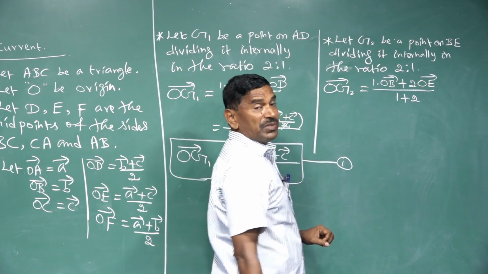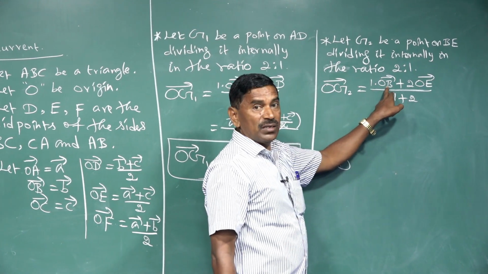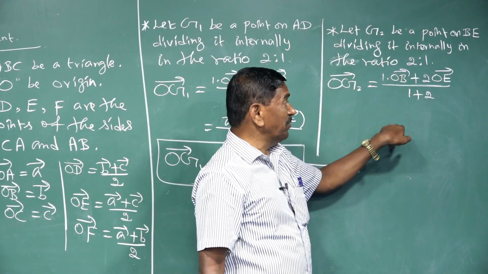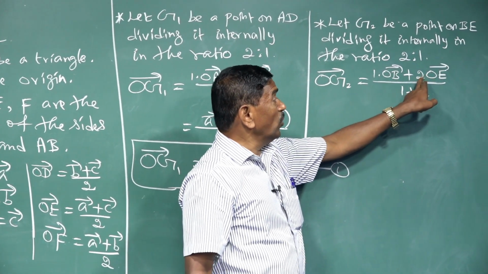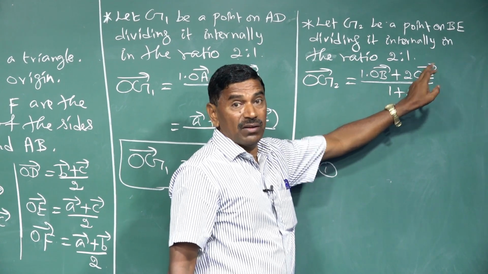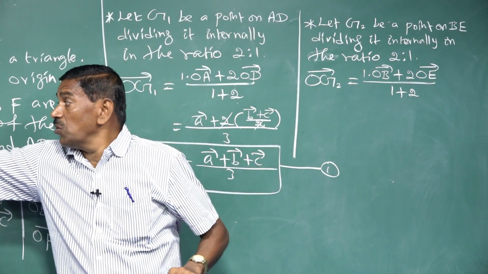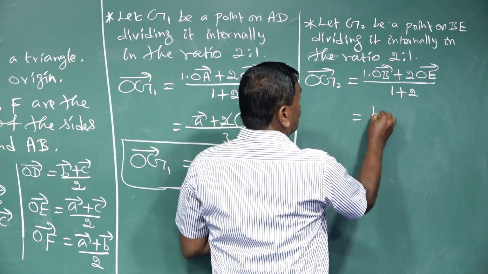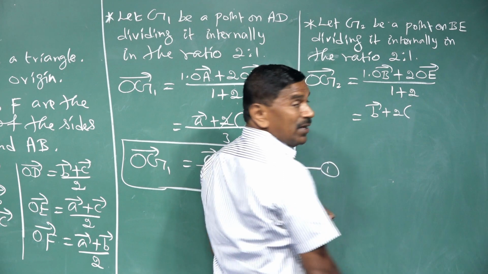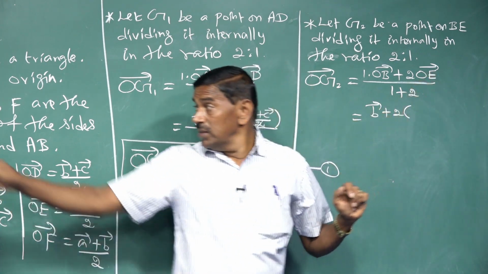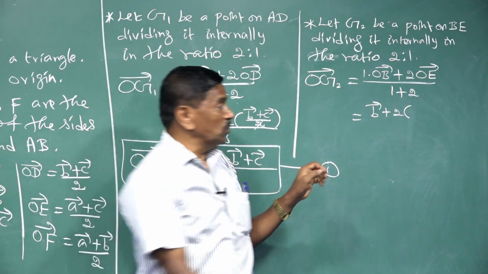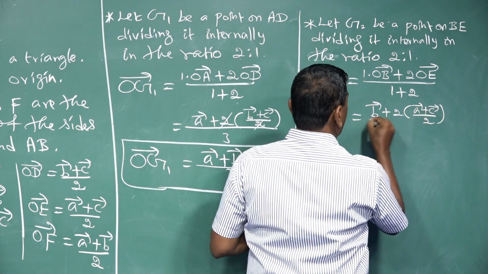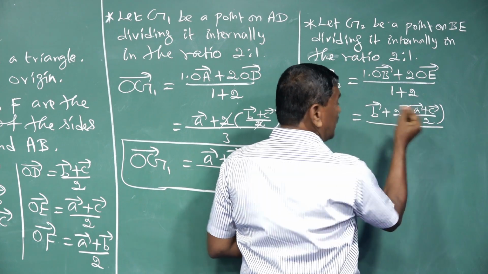Now, next step, yourself. 1 into OB vector, what is OB vector? OB vector is equal to B vector. Next, 2 into OE vector. What is OE vector? OE vector is equal to A vector plus C vector by 2. So B vector plus 2 into A vector plus C vector by 2, divided by 1 plus 2 equal to 3.